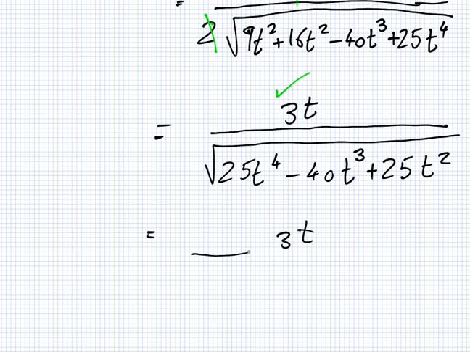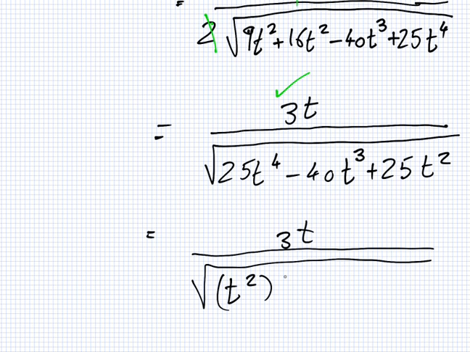I can take that out. t squared, 25. Oh, it's actually a 5, but yeah, I'll take the 5 out as well. So that would be 5t squared minus 8t plus 5.